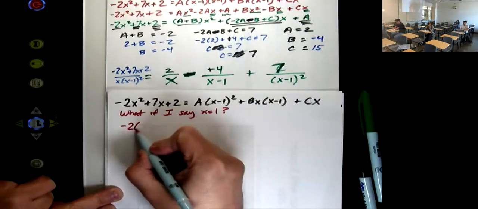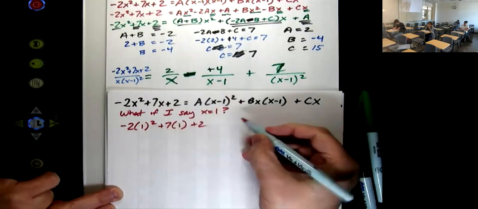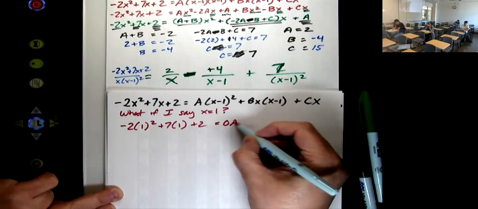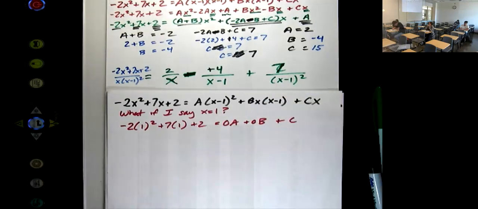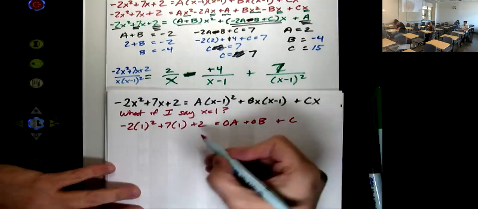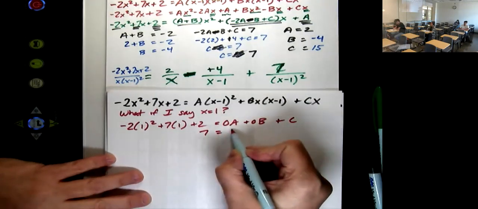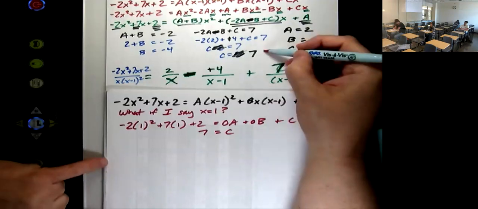I have -2 times 1 squared plus 7 times 1 plus 2 equals 0a plus 0b plus c. And without having to do a 3x3 system of equations, I find out right away that 7 equals c, which is what we had here.